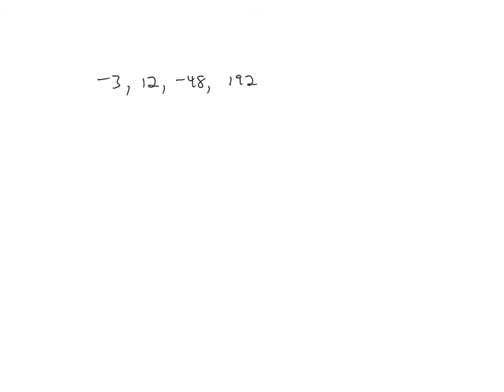So from 3, and in the directions it says geometric sequence, so it's telling you it's going to be multiply or it's going to be divide. So this is times 4, and that's times 4, because 3 times 4 is 12, and 12 times 4 is 48. It's got to be times 4.